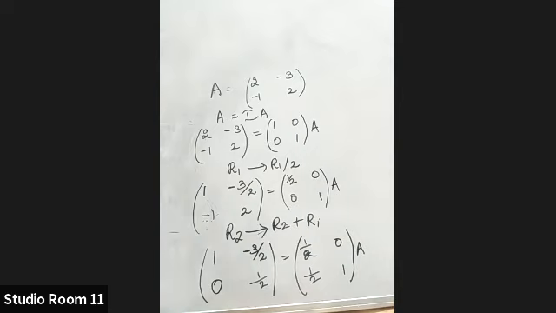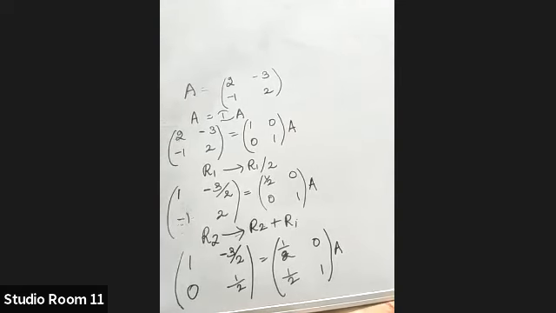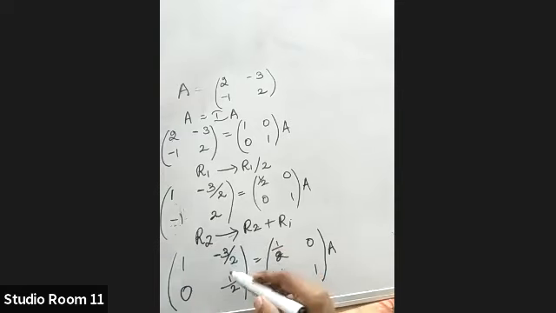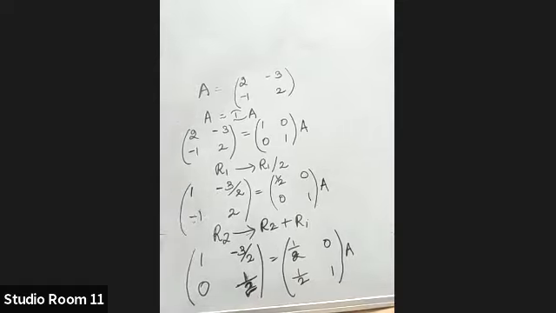But what is our aim? We should make it in the form 1, 0, 0, 1. First row, first column is 1. Next our aim is to make second row, second column 1. Here we have 1/2 and we should make it 1. Can you guess the transformation?